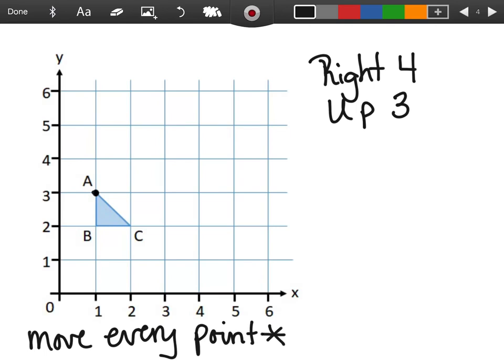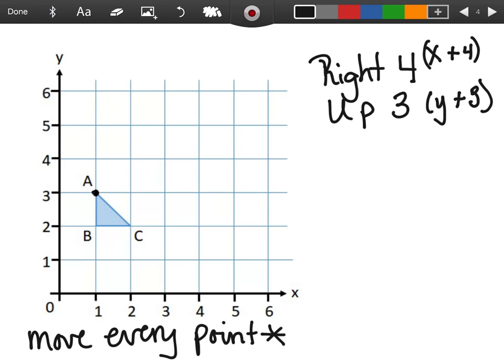Okay, so I'm going to start with A. Again, right 4. Well, right is my x value, and 4 is positive, so it would be x plus 4. Okay, if I look at my up, up means I'm dealing with my y. Up means also positive, so it would be y plus 3.